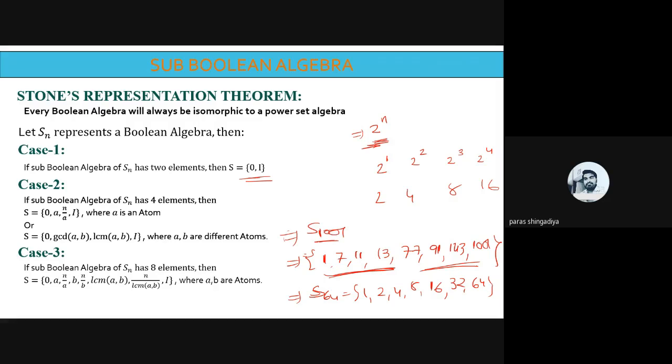Then case 2: if it contains a sub-Boolean algebra of 4 elements, how can we derive the sub-Boolean algebra of 4 elements? First we identify the atoms of Sn.